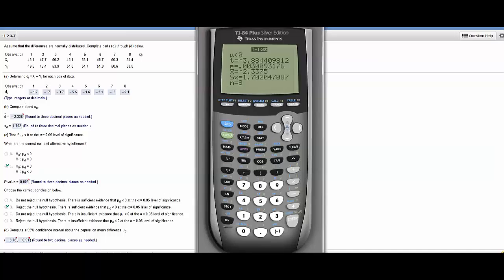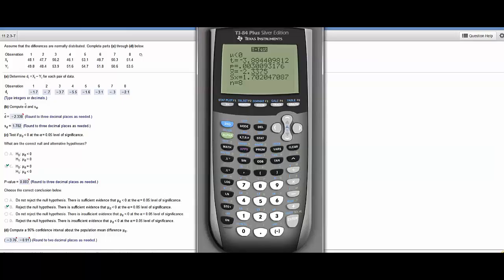It's not due to random chance. There's something else going on that's making the 48.1 become the 49.8, and the 47.7 become the 48.4. There's something impacting these 2 lists very strongly. I don't know what it is, but I know there's an impact there, is what that 0.003 means.